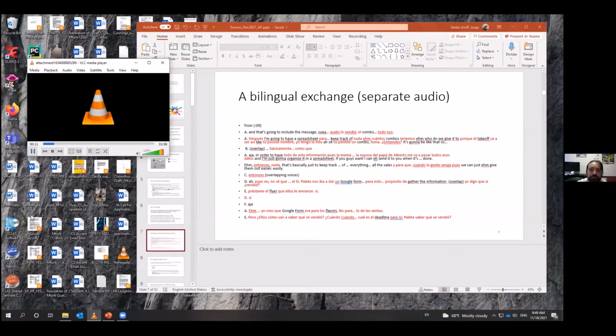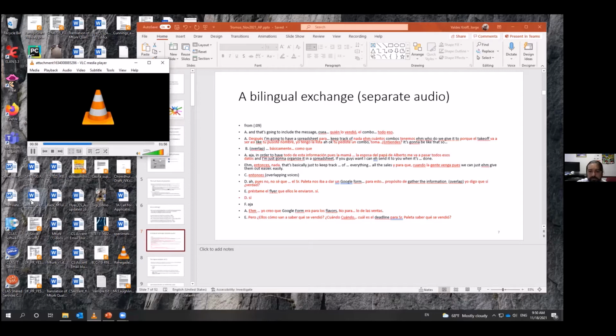And that's going to include the message, o sea, quién lo vendió, el combo, todo eso. Después, I'm going to have a spreadsheet para keep track of nada, cuántos combos tenemos, who do we give it to, porque el pickup va a ser así, like, tú dices tu nombre, yo cojo la lista, ok, tú pediste un combo, toma, ¿entiendes? It's going to be like that, so... Una conservación, básicamente. Ajá, in order to have toda esa información, pues la esposa del papá de Alberto me va a pasar todos esos datos, and I'm just going to organize it in a spreadsheet. If you guys want, I can send it to you when it's done.